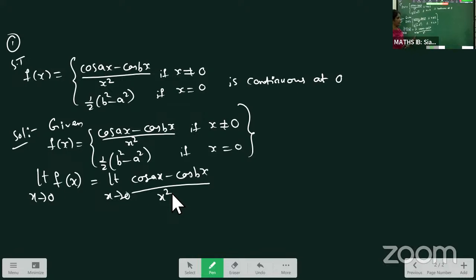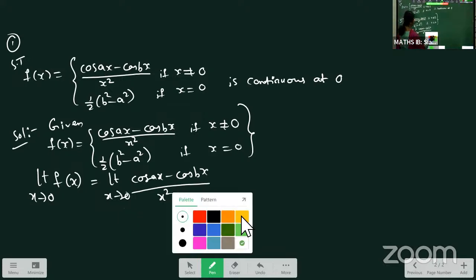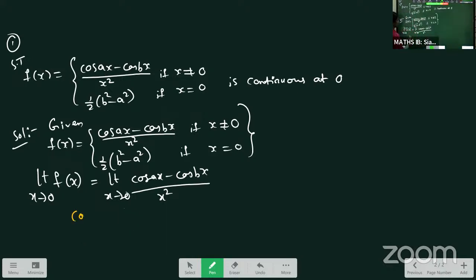Generally, when a limit question is there, wherever x is there, we will substitute. If you substitute, cos 0 minus cos 0 is 0 by 0 square. So we are getting 0 by 0 form. This is an indeterminate form. We are not supposed to get 0 by 0 form in a limit. For that, we have to simplify. Numerator is in the form of cos C minus cos D, from trigonometry.